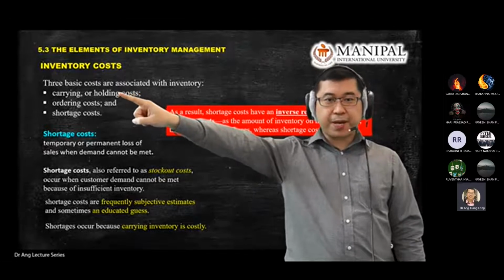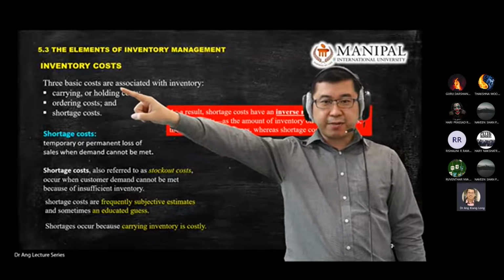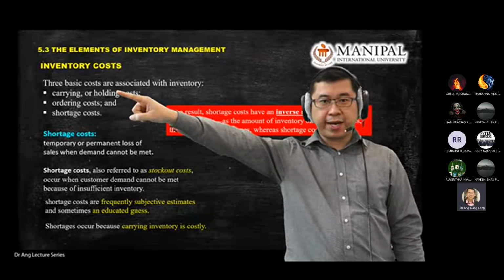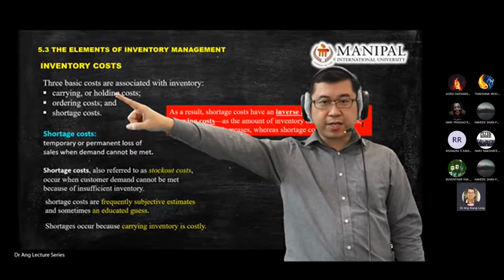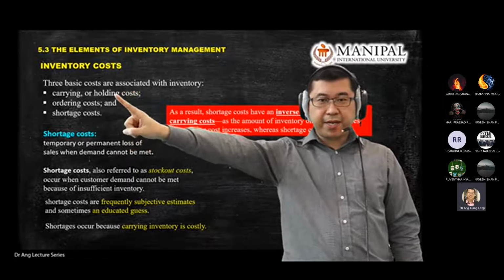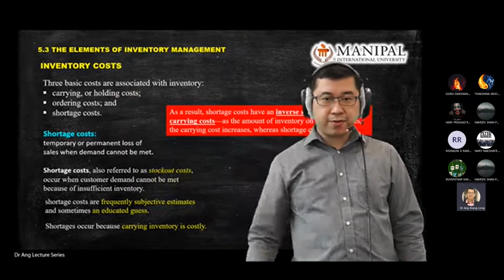The less you spend here means the inventory doesn't have enough items, and customer complaints will come in. Every time the customer goes to your store, they don't have it. If you spend more here, the customer is happy, and shortage cost goes down.